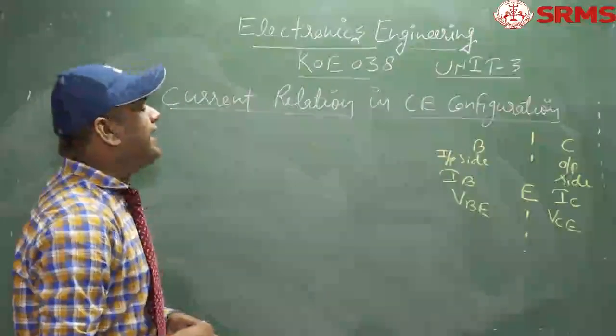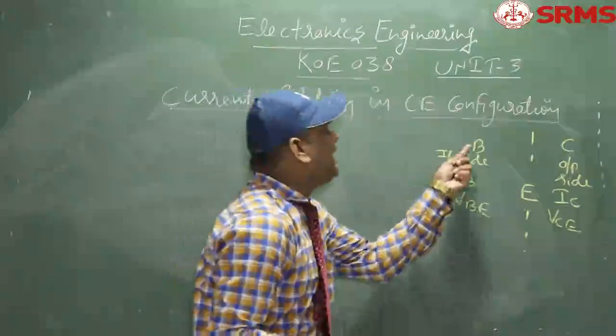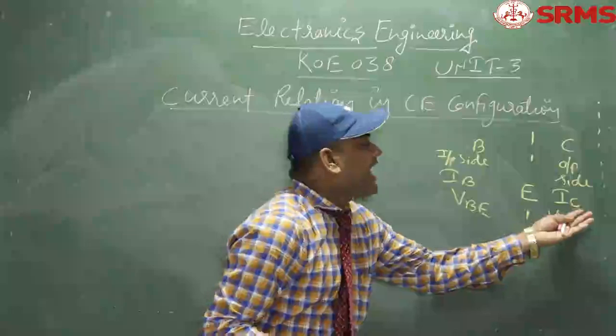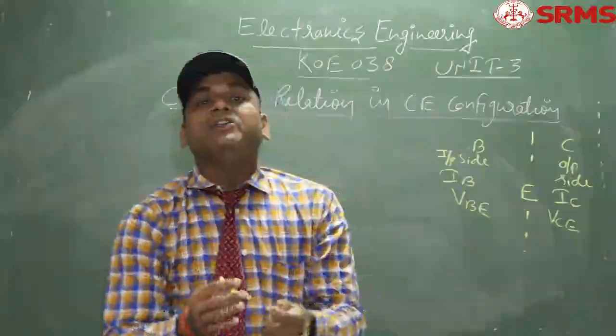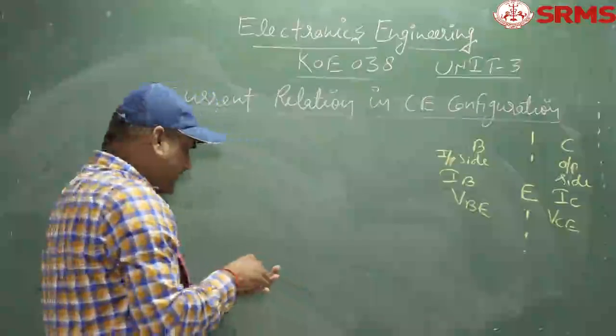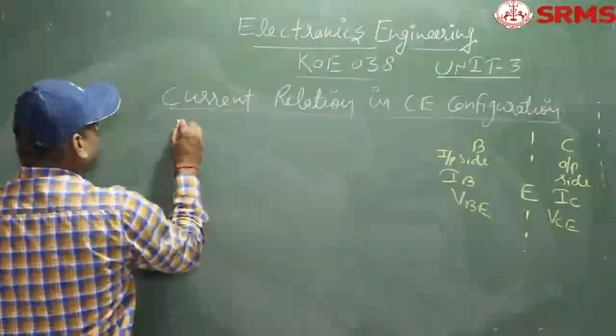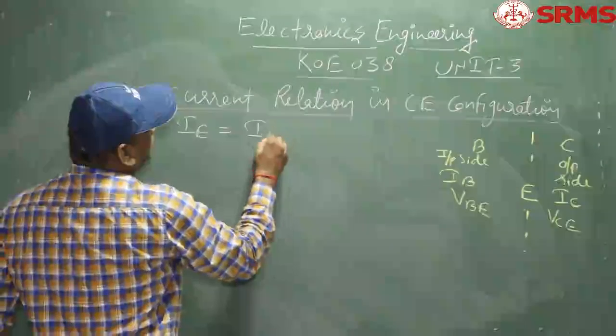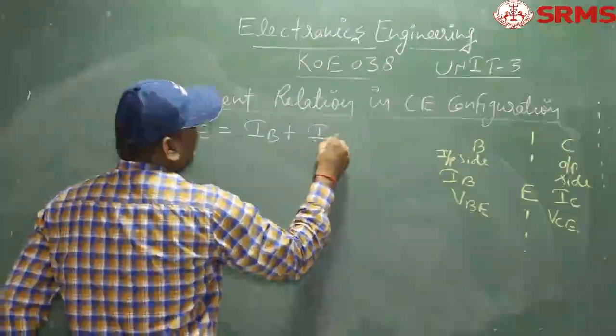And we want to determine the relationship between the input current and output current. So input current is IB and the output current is IC. That means you want to determine the relation between IB and IC. And in the transistor, we have two basic equations. First is from KCL: IE is equal to IB plus IC.